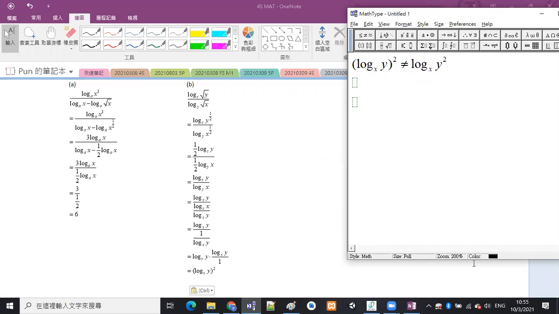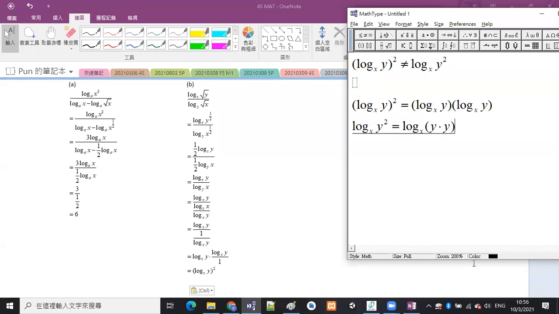Let me further explain this. Left-hand side, log y base x squared is actually equal to log y times log y. But log y squared is actually equal to log y times y inside the log. Okay, because the square is for the y only. Can you see the difference?